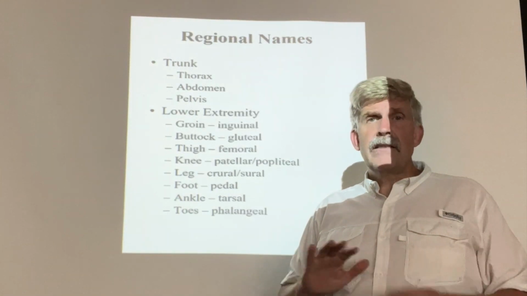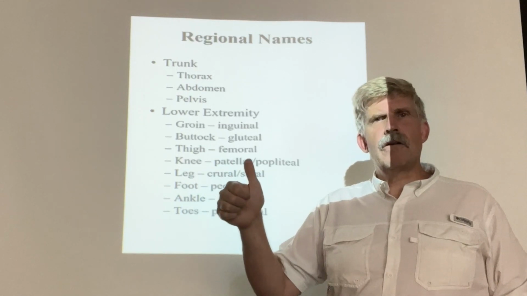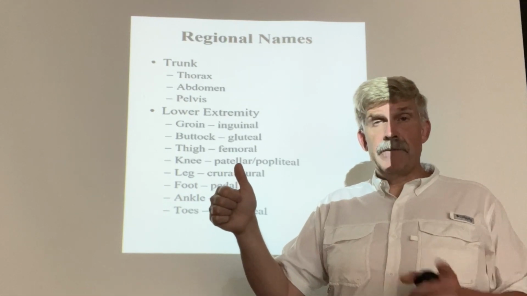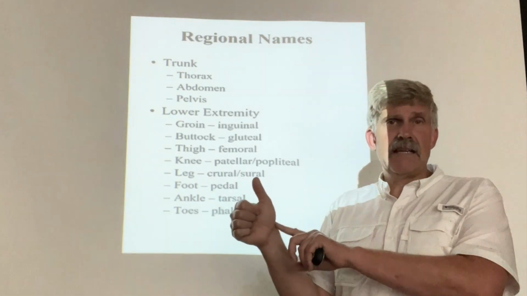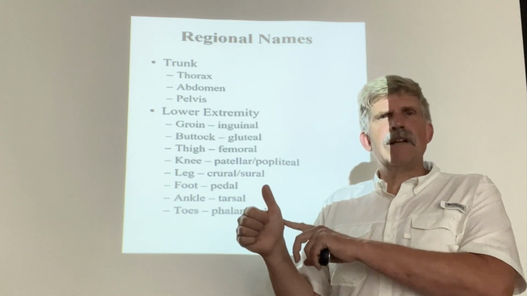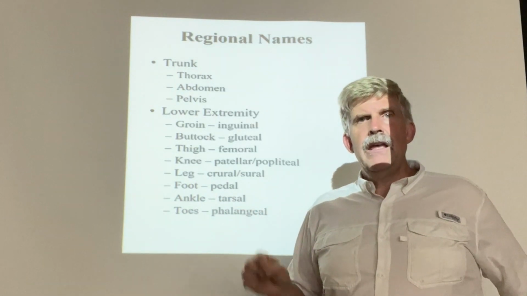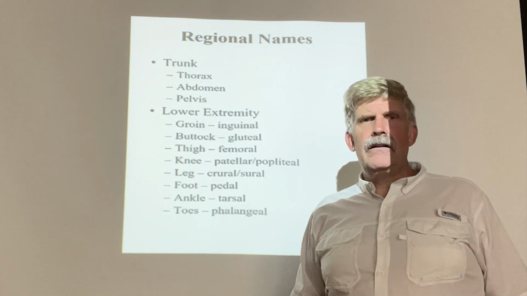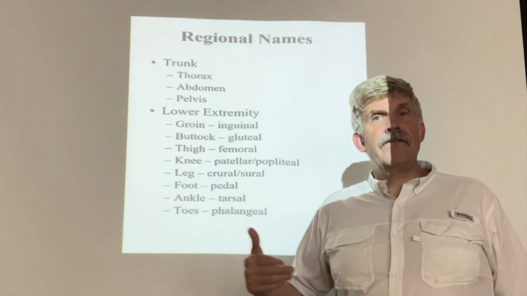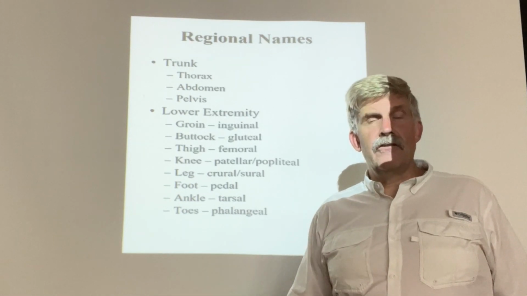Now we can break them apart a little bit. This is Paul, so anytime you hear pollicis, you realize that we're talking about the thumb. And this becomes significant because we have extensor pollicis longus and extensor pollicis brevis. Any muscle that goes to your thumb will have pollicis in its name. The great toe, hallux, will then give that nomenclature to all the muscles that attach to the great toe.